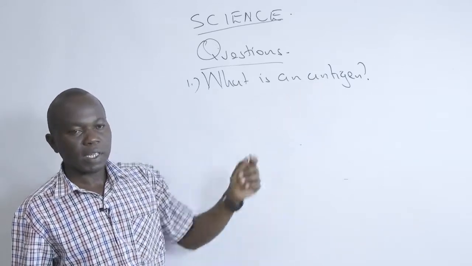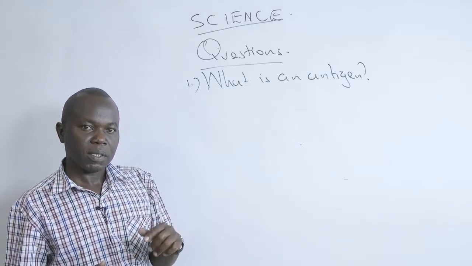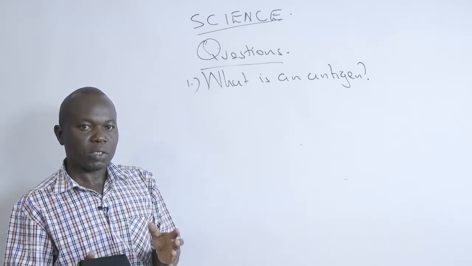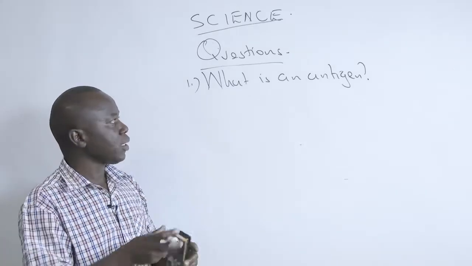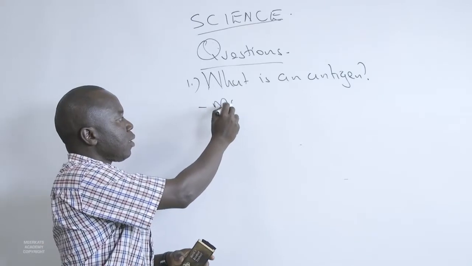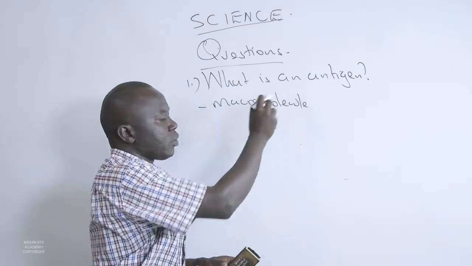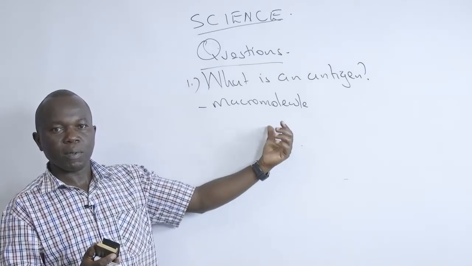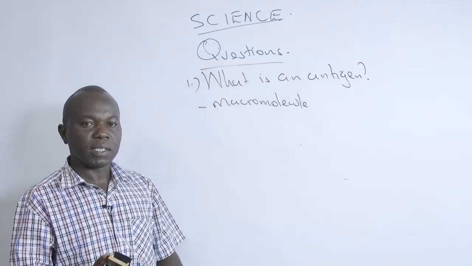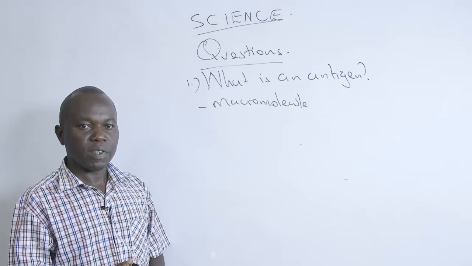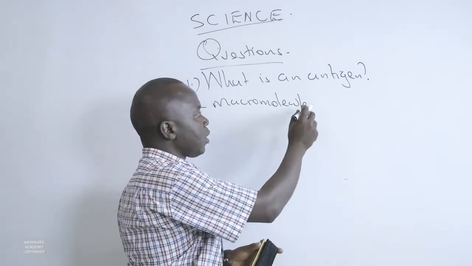So when you talk of an antigen, it is that molecule. It could be a large molecule, that's why we can say a macromolecule. It is this macromolecule that usually triggers the activity of the immune system.